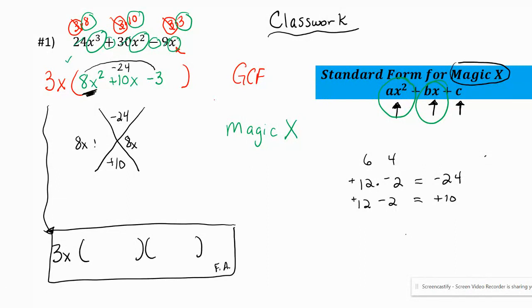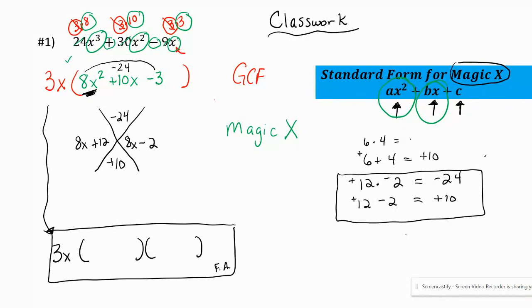So I'm going to use a positive 12 and a negative 2. 6 and 4 will not work. Positive 6 plus 4 equals positive 10, but 6 times 4 is a positive 24, and that's not what we need. So 6 and 4 won't work.